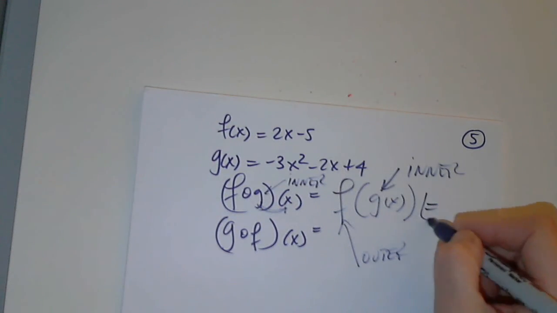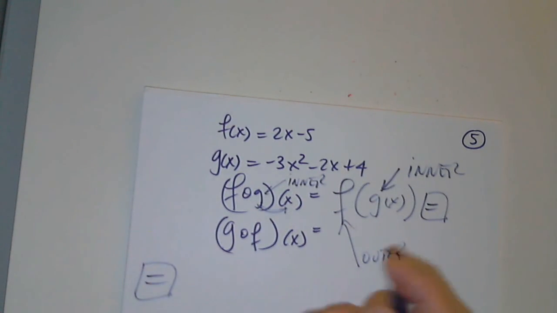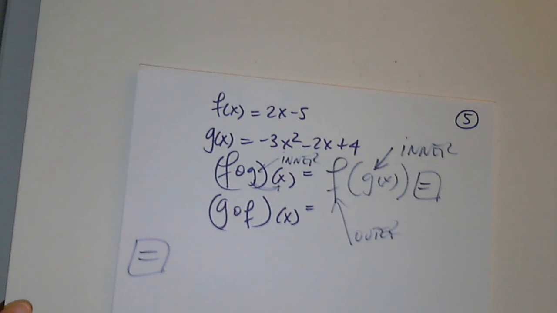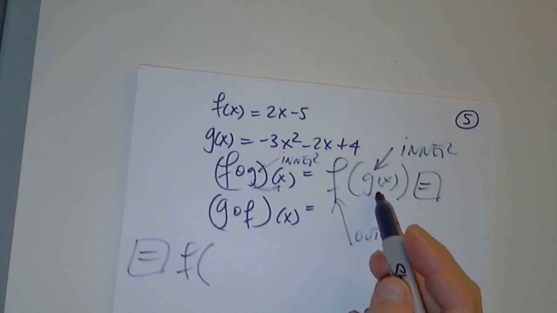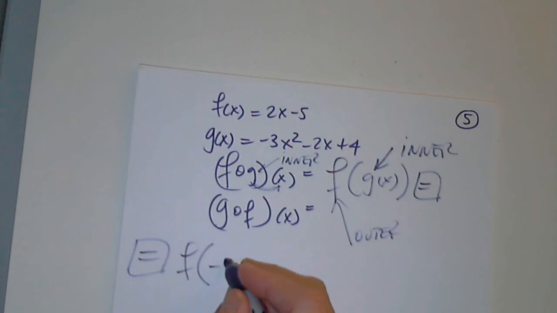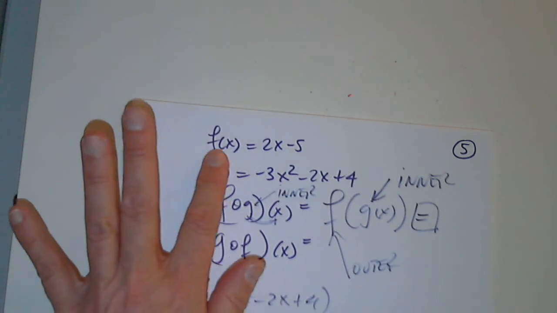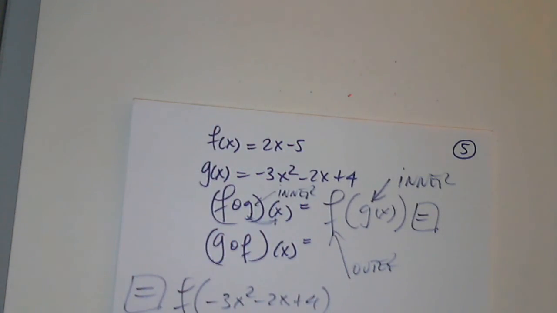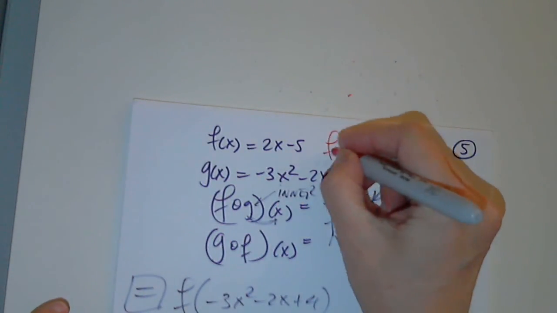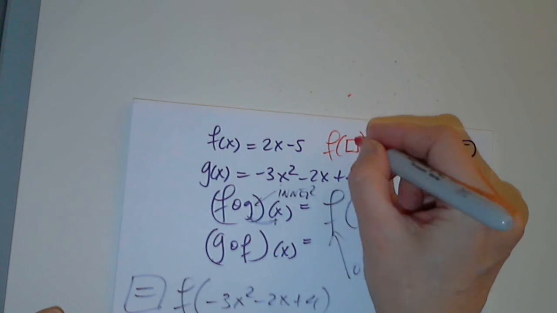So then I have to start with the inner and replace it. I'm going to continue here and replace in f. I replace x by g. I'd like to stop here for a second and tell you what I see when I look at f. You have to see the pattern.